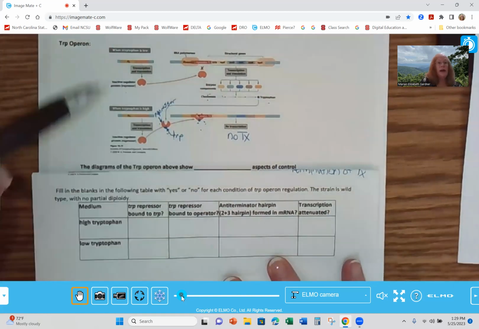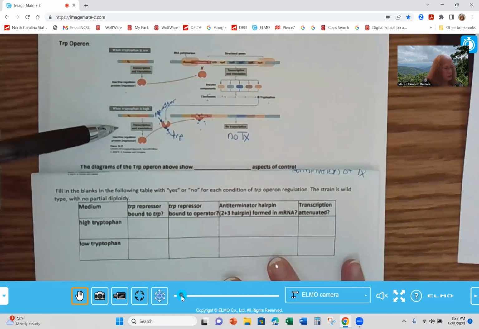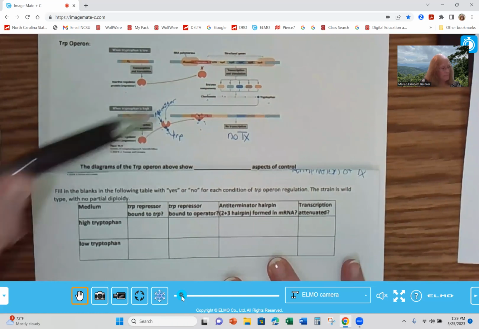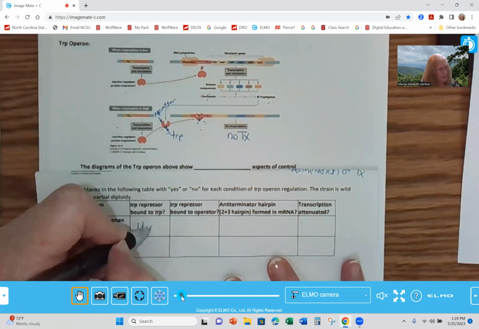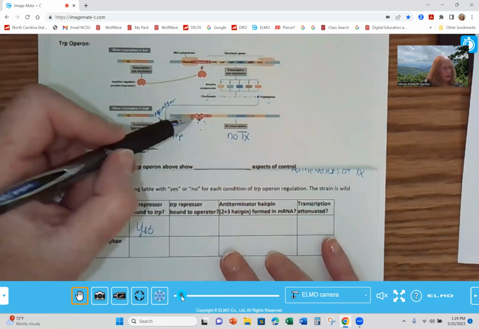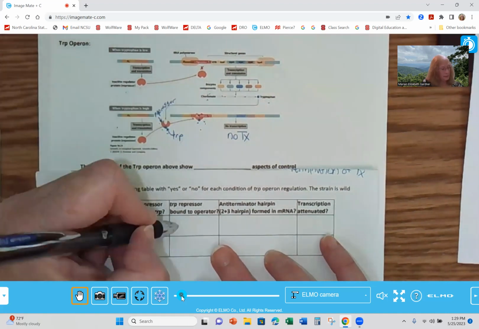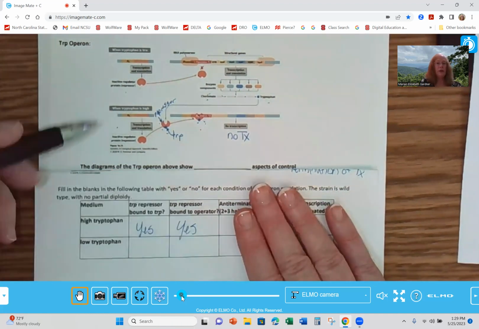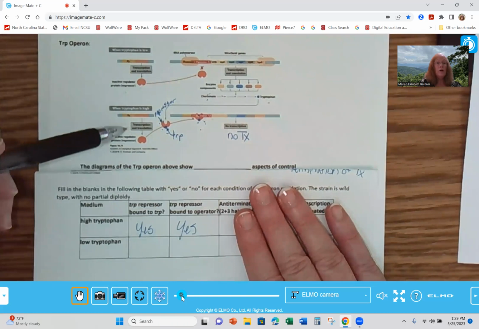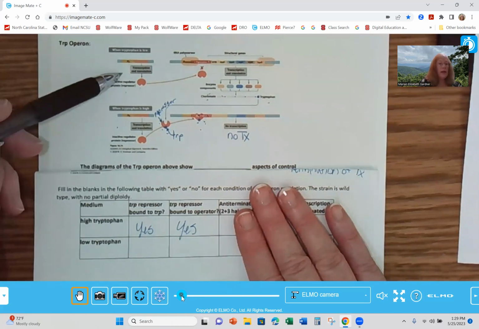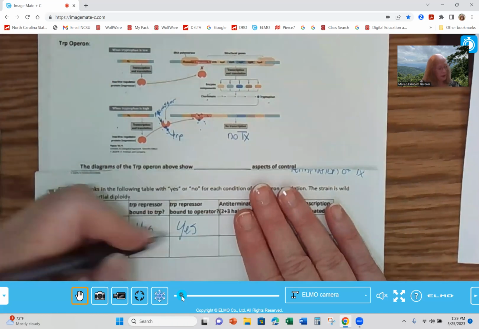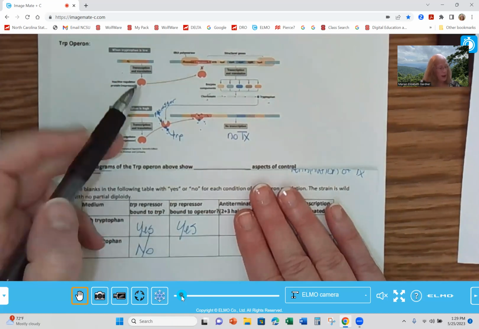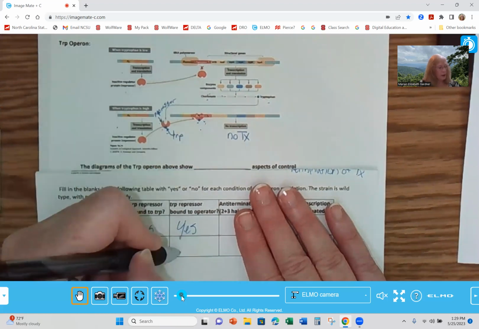So with high tryptophan, down here, is the trp repressor bound to tryptophan? Yeah, it is. Is the trp repressor bound to the operator? Yes, it is. And we'll look at this termination bit in a minute so we can look at the other diagram. With low tryptophan, up here, is the trp repressor bound to tryptophan? No, because there's no tryptophan to bind it to. And is the repressor bound to the operator? Also no.